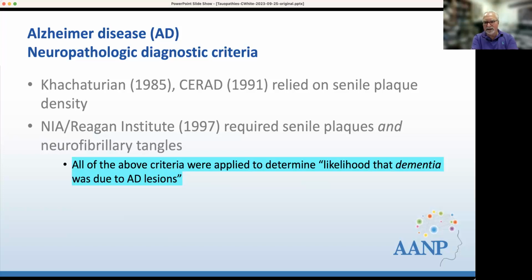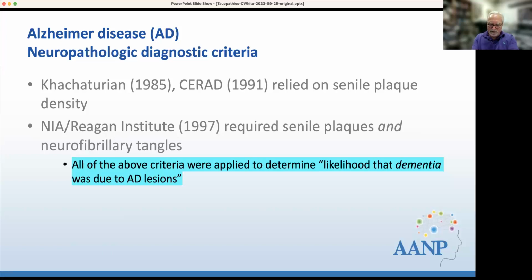This followed along on the 1991 publication by Braak and Braak of the stereotypical hierarchical accumulation of neurofibrillary pathology in aging and Alzheimer's disease. Noteworthy, again, is that all of these above criteria were applied to determine, quote, the likelihood that dementia was due to AD lesions.